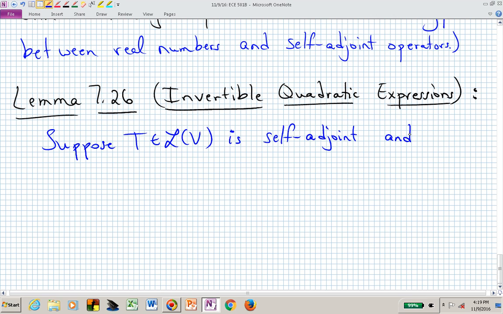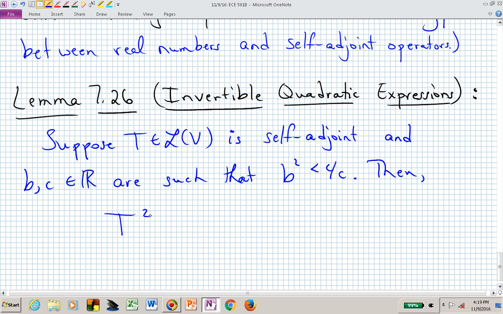And suppose that B and C are real numbers such that B squared is less than 4C. Then we can say the following.